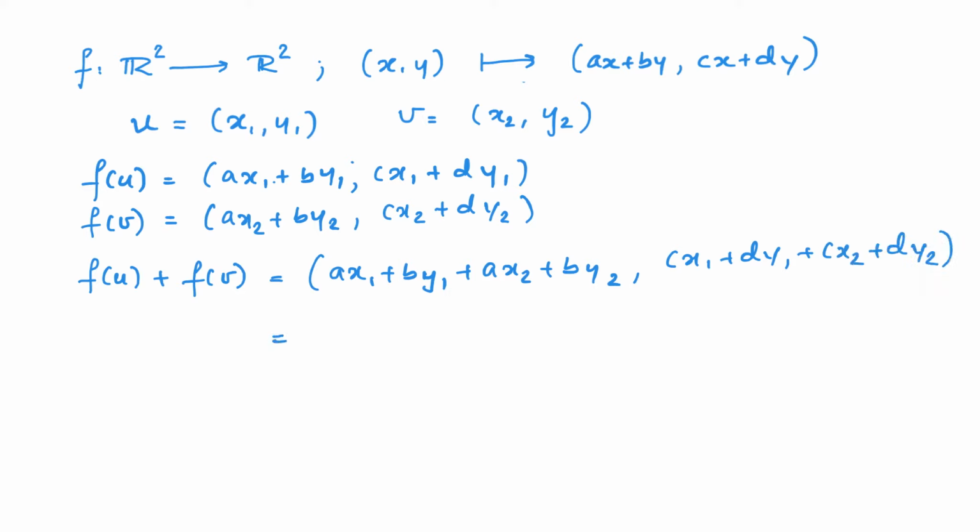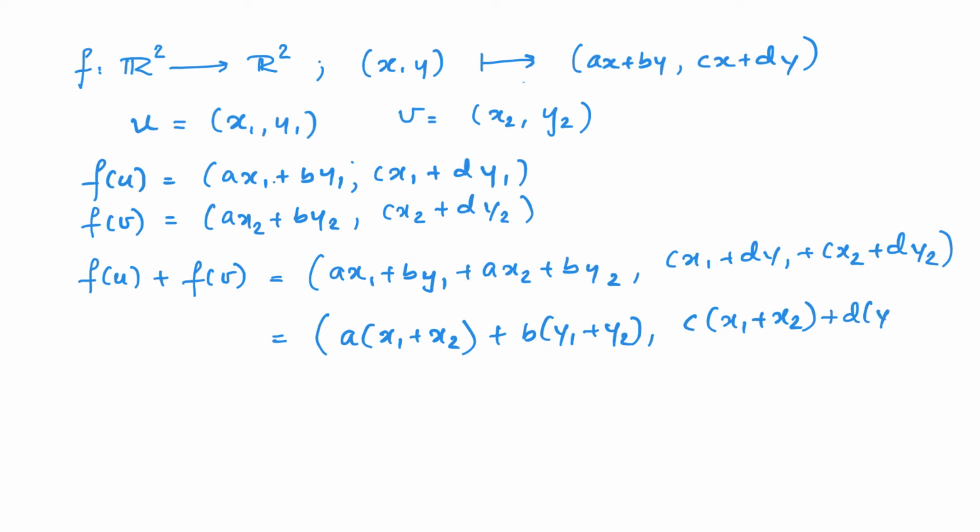But then we can rearrange this in the following manner. A into x1 plus x2 plus b into y1 plus y2 comma c into x1 plus x2 plus d into y1 plus y2. Now notice that this is equal to f of x1 plus x2 comma y1 plus y2.